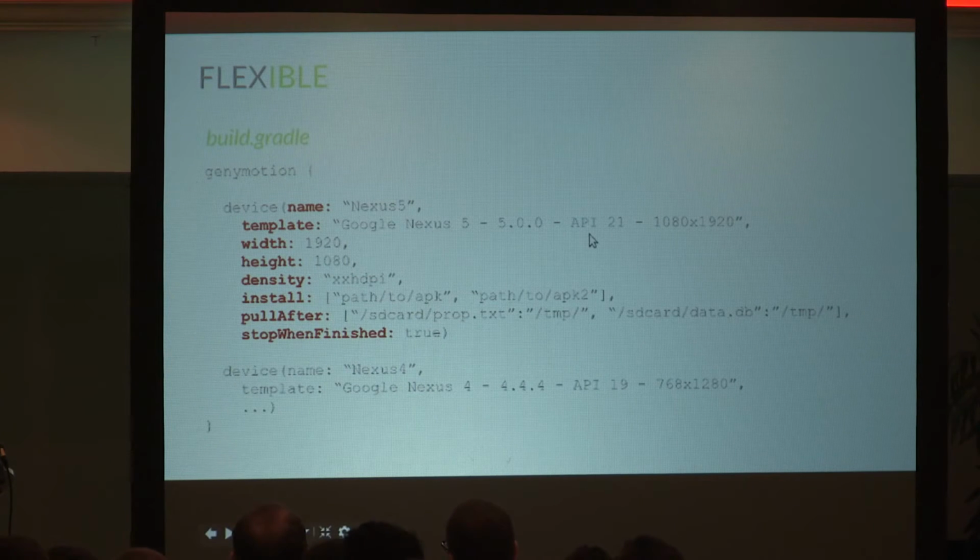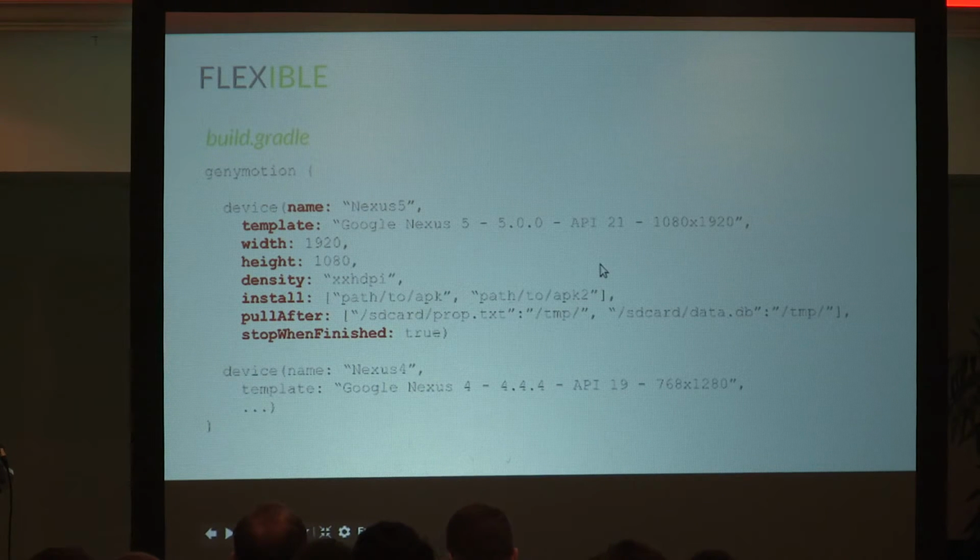So in the documentation, we wanted to name all the parameters so they know what they are sending to the plugin. And that was the result. For example, the name is Nexus 5, the template, the width, height, density, etc. So that's a little bit better, but I still find it ugly. And there are some problems because of course it's very verbose, and you also have to not forget this comma at the end. That's not so good.